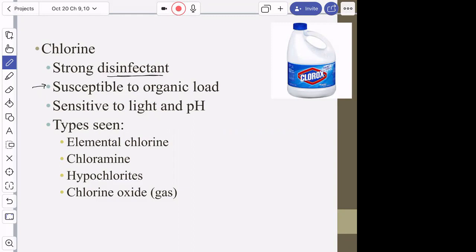And it's pretty sensitive to light and pH. So when you buy bleach, you're always going to buy it in one of these opaque containers, because the more it's exposed to sunlight, the quicker it goes off. Basically, it dissociates into water, and it's not going to be effective anymore.